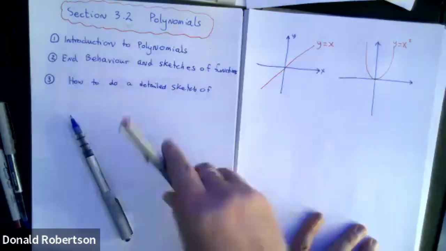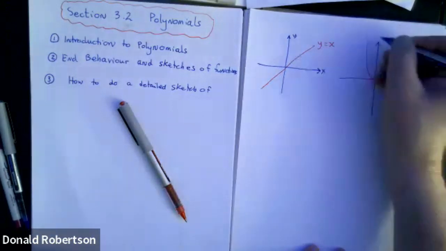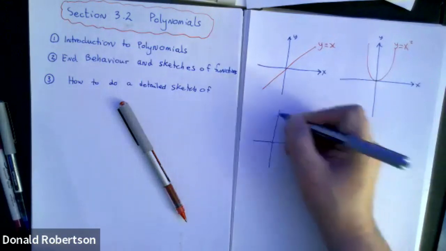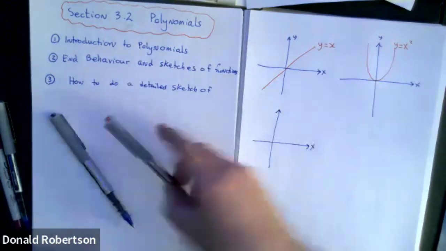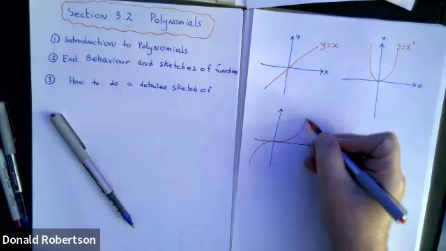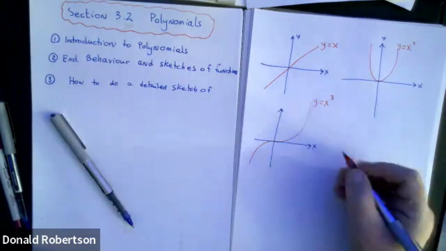That's what the polynomial of degree 2, the basic building block one at least, would look like. If you move up yet another one, you get y equals x cubed.